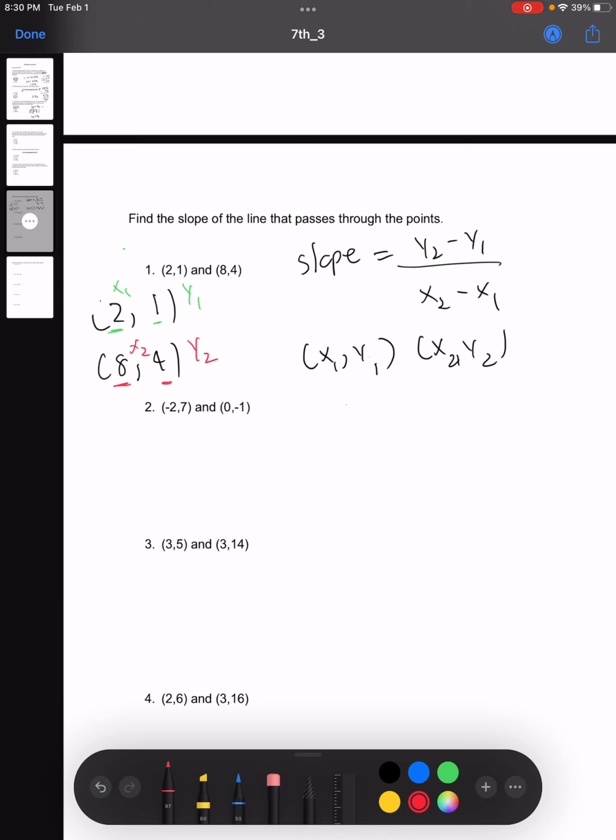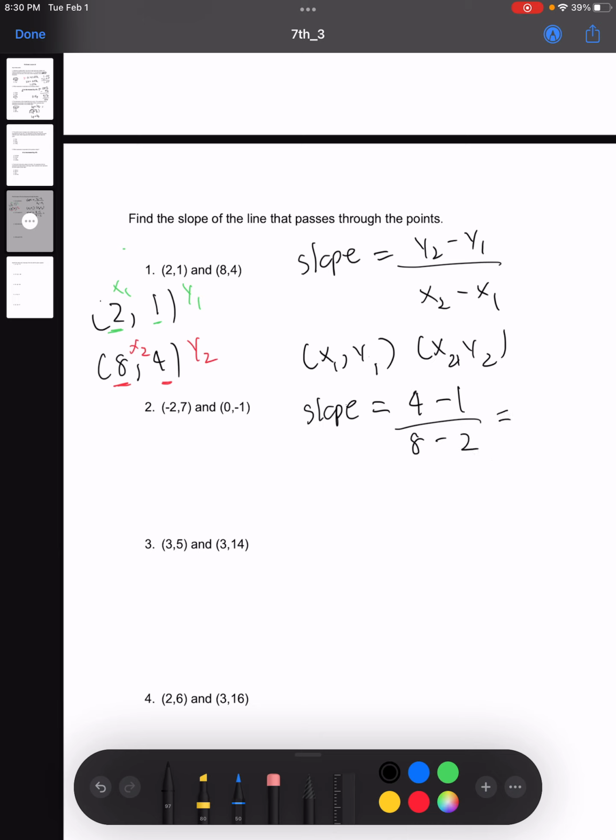Using this information, we can plug it into our formula. So the slope would be equal to y2, which we know to be 4, minus y1, which is just 1, over x2, which is 8, subtracted by x1, which is 2.